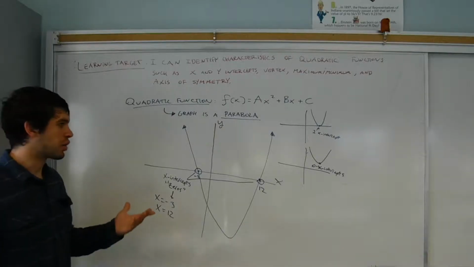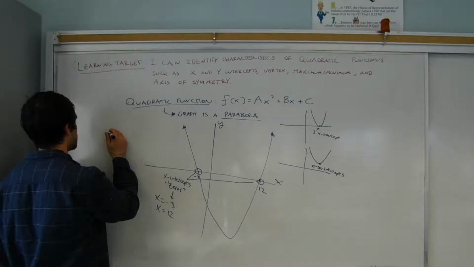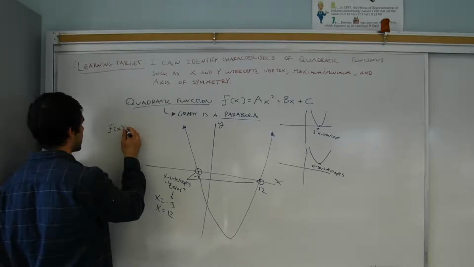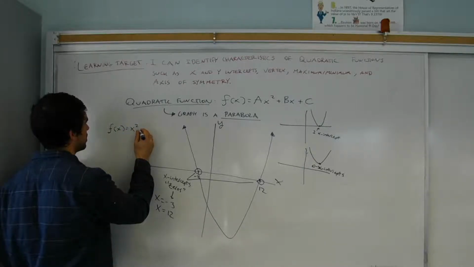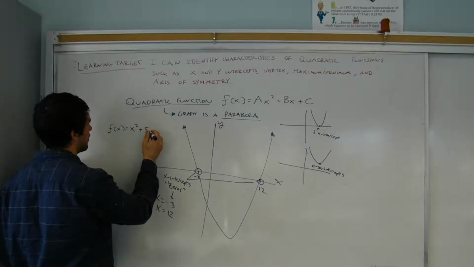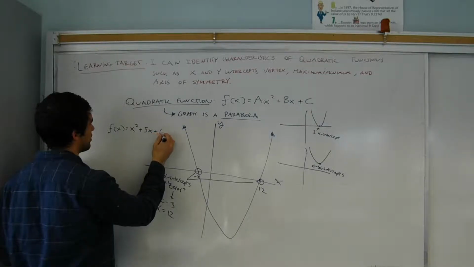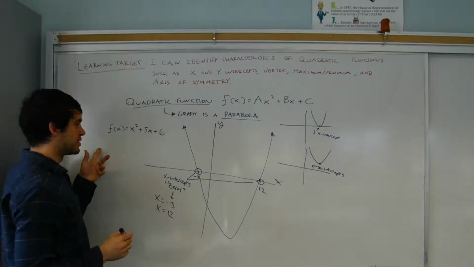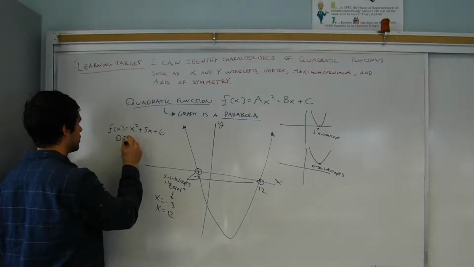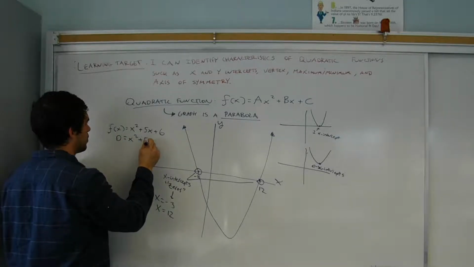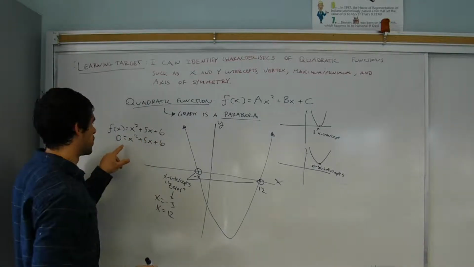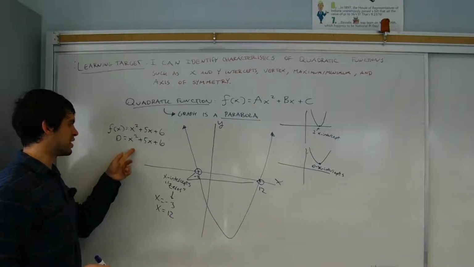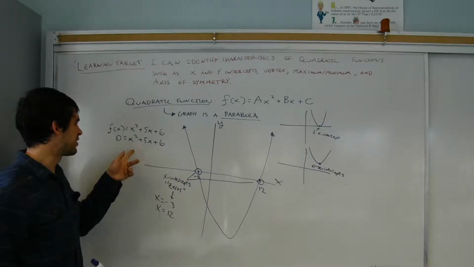If we're given an equation, say we're given f of x is equal to x squared plus 5x plus 6, we would just set this equal to 0. And now, once we get the equation into this form, hopefully we're in our wheelhouse.